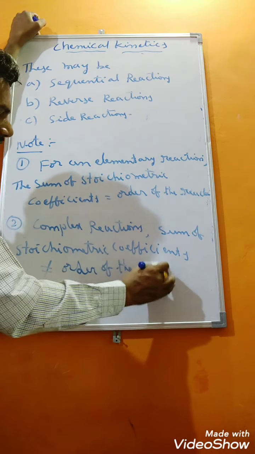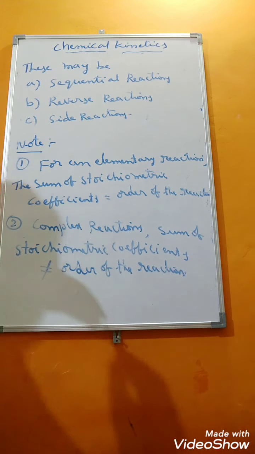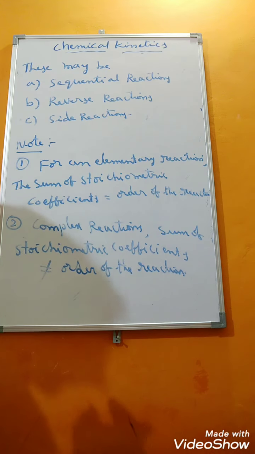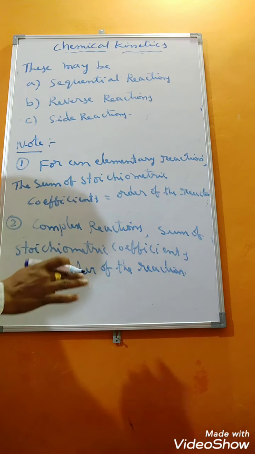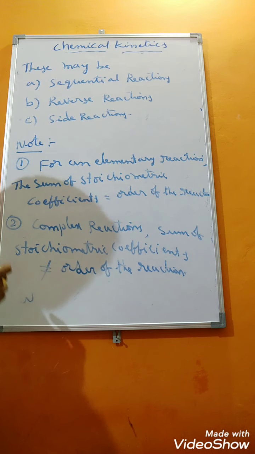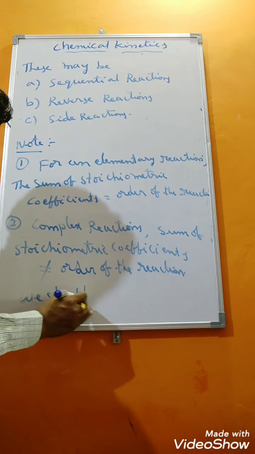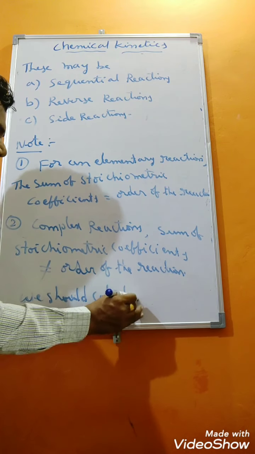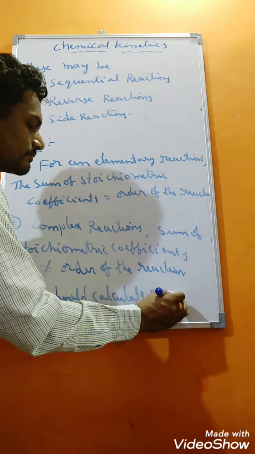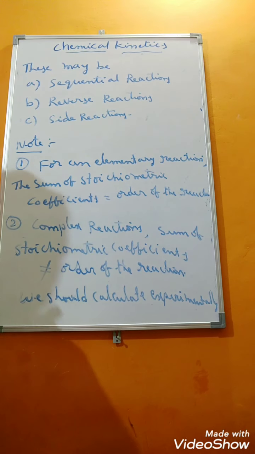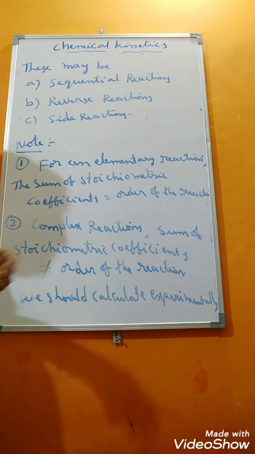In case of a complex reaction, the sum of stoichiometric coefficients is never equal to the order of the reaction. So in such reactions, how do we identify it? We have to calculate it experimentally. Right, students, got it? This is about the order of the reactions.